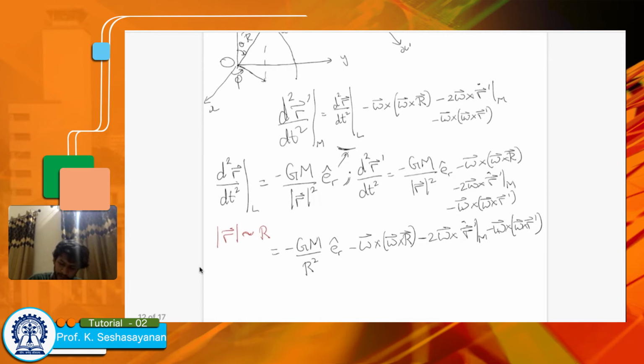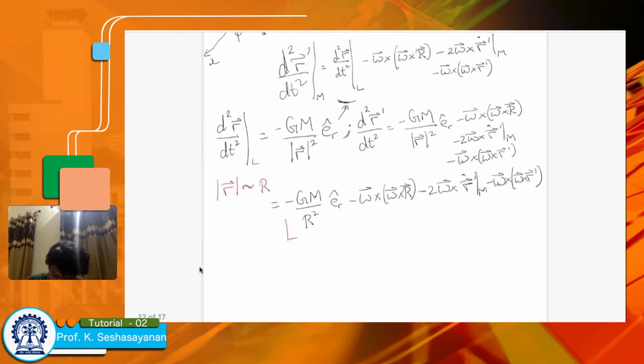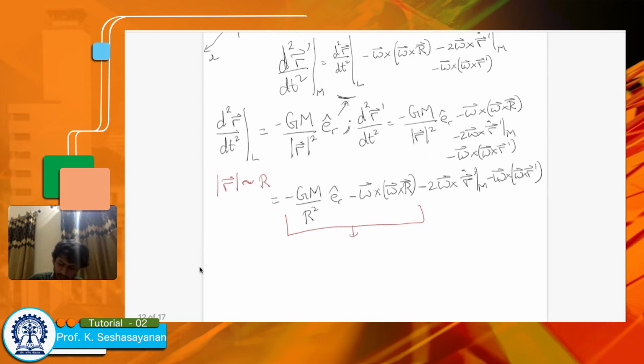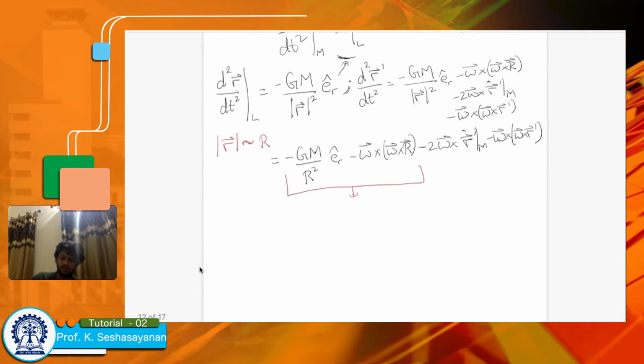So now we can recognize these two terms. These two terms are related only to the physical parameters of the Earth. Here you have omega, which is the rotation rate of the Earth, capital R, which is the radius of the Earth, and capital M, which is the mass of the Earth.